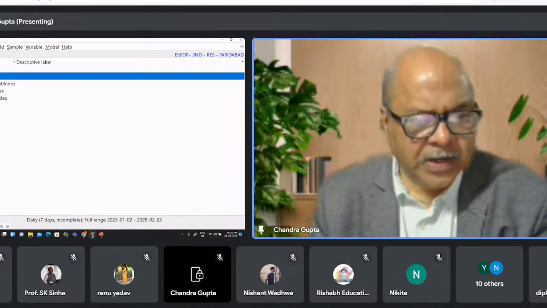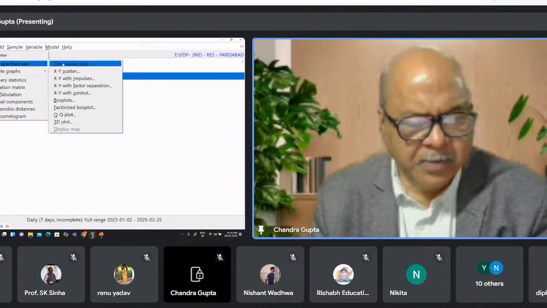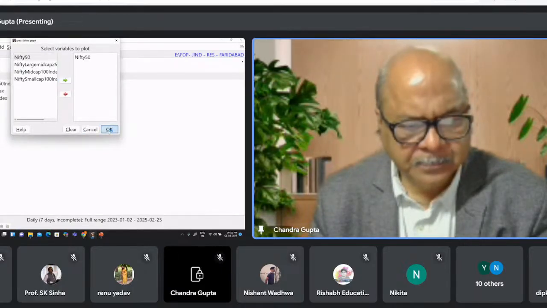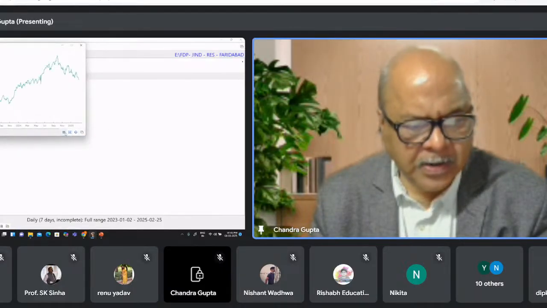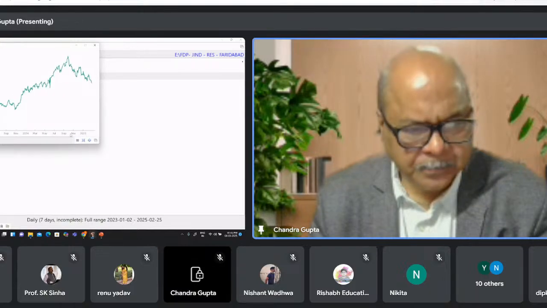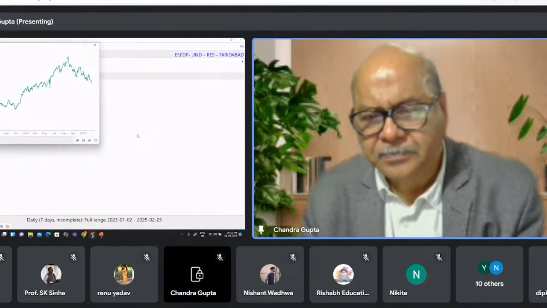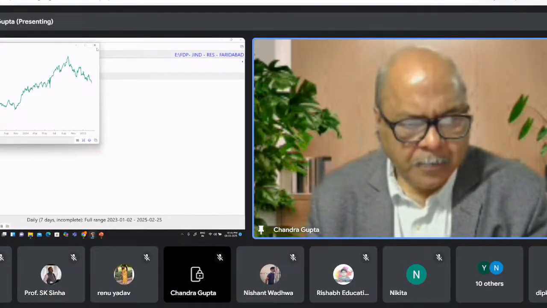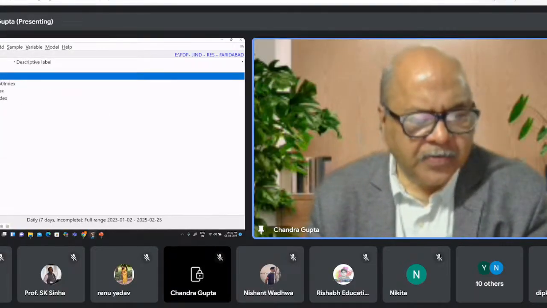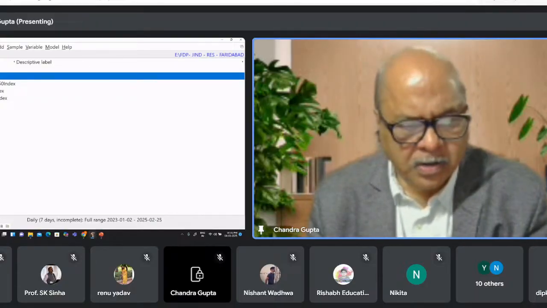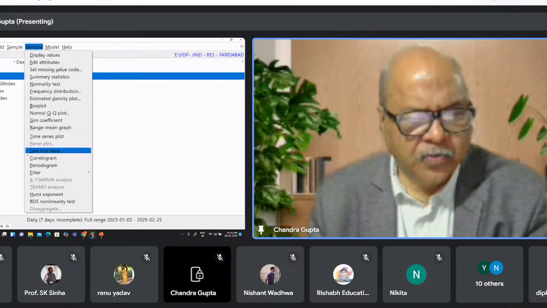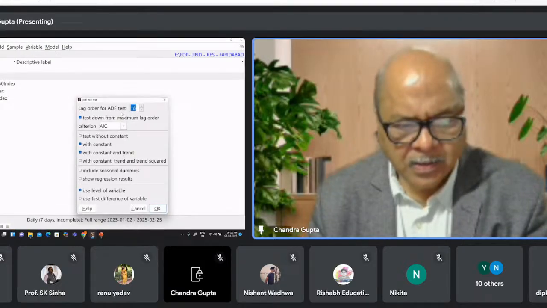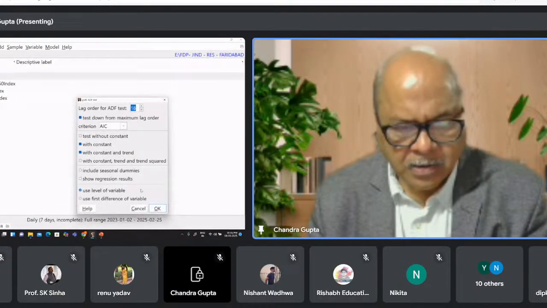If you want to see the graph of it, graph, time series plot, Nifty 50, that's the graph which we have. I want to check whether this has a unit root or not. So go to variable, unit root tests, augmented Dickey-Fuller test, and I say okay.